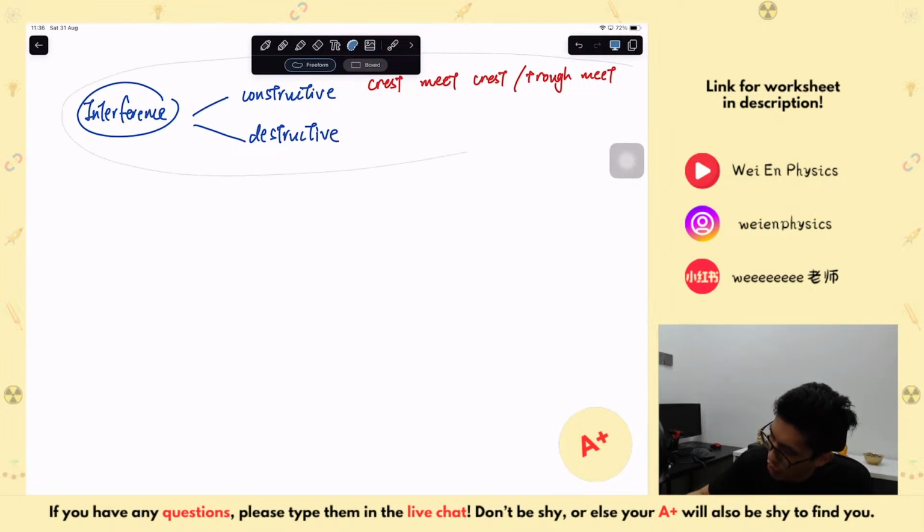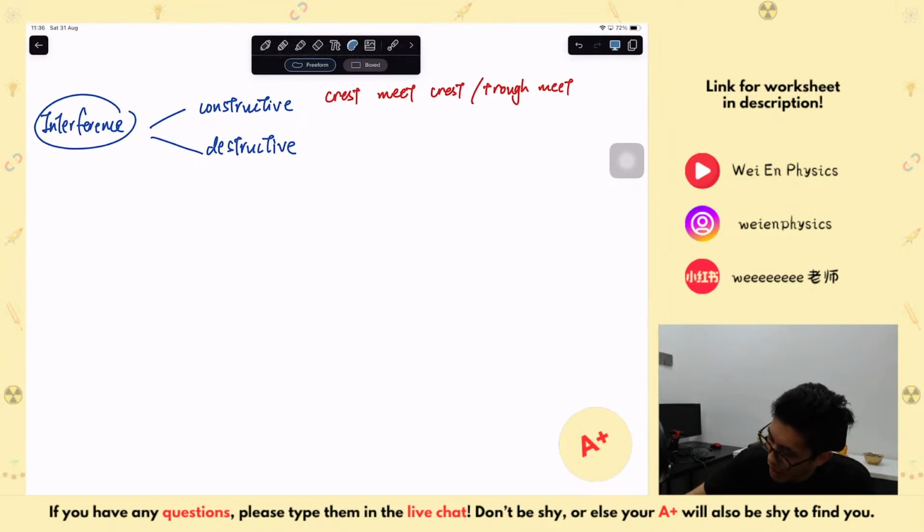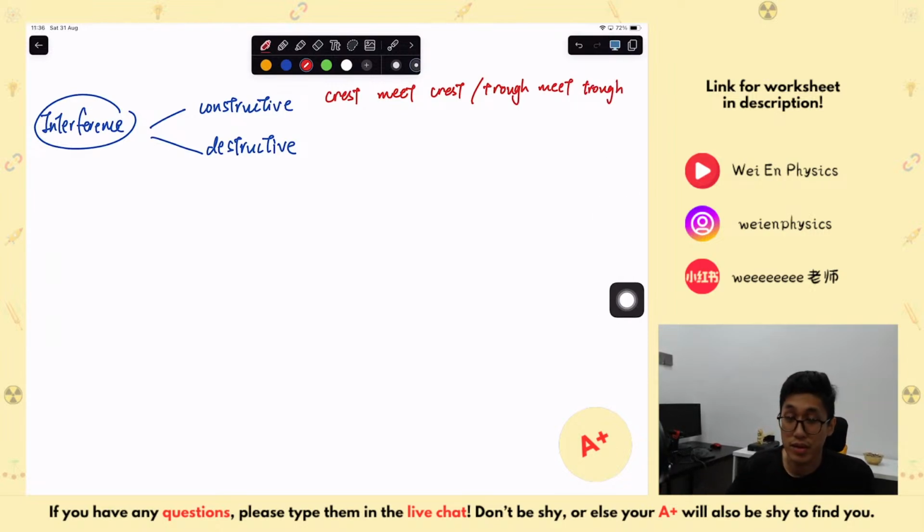By the way, crest means the wave going up and trough means the wave going down. And for destructive, that means the crest of one wave meets the trough of another wave.